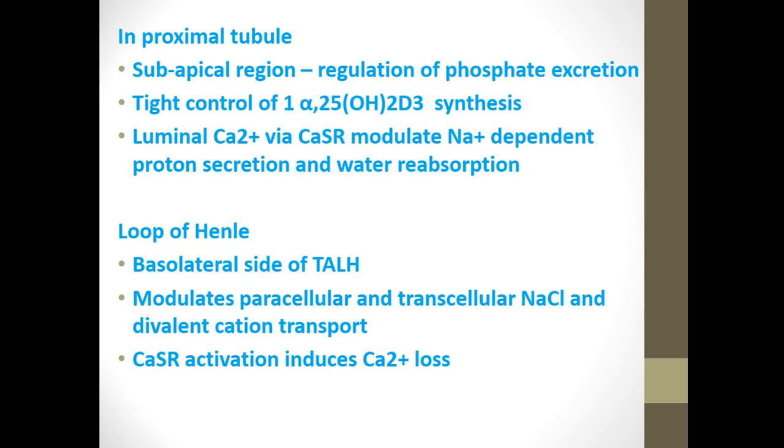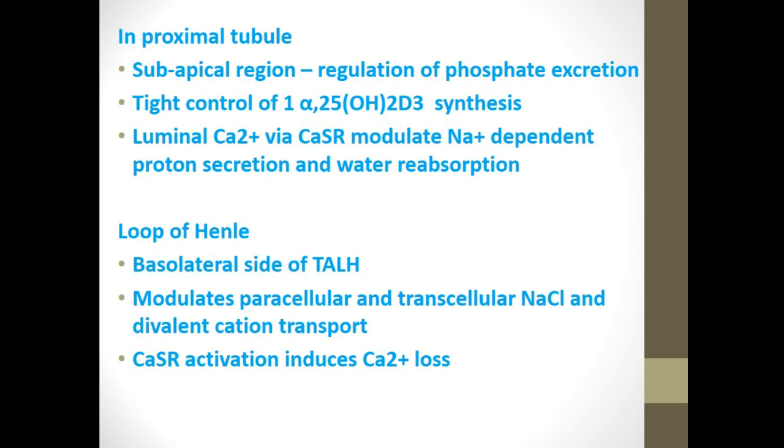Then coming to the next part of the nephron, that is called the loop of Henle. So what is happening in the loop of Henle during this particular scenario? The basolateral side of the loop of Henle, especially the thick ascending limb, TALH, is activated, which in turn modulates paracellular and transcellular NaCl, that is sodium chloride, and other divalent cation transport.